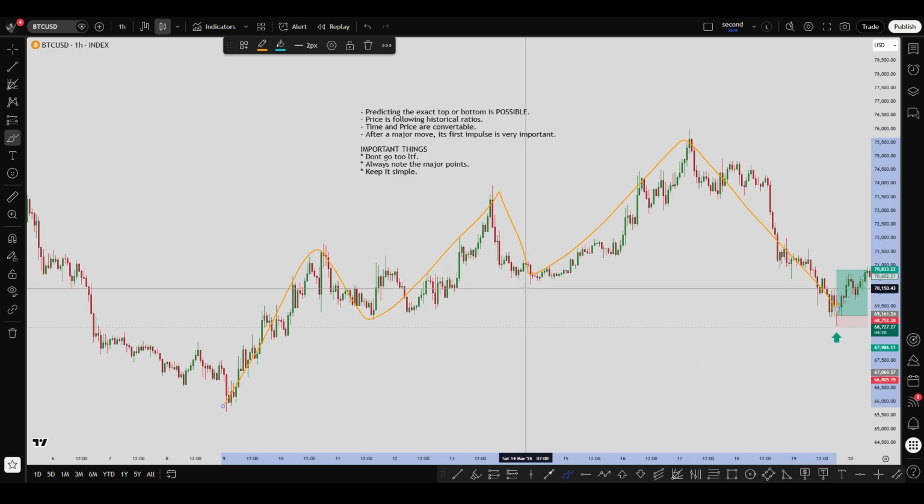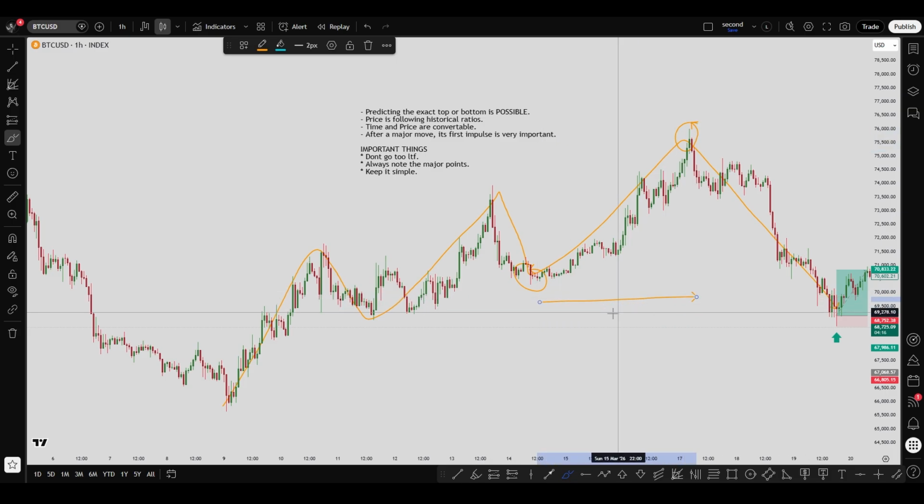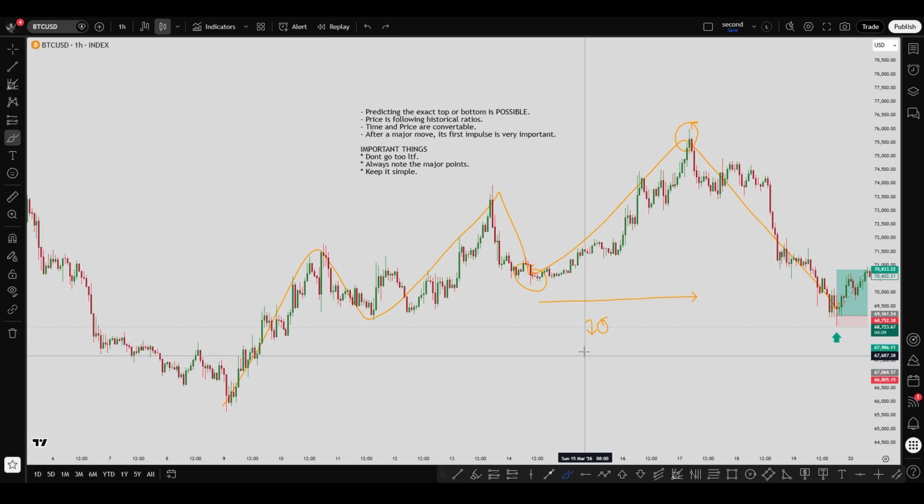So for example, if the distance between these two is a number, for example, a 10, all right, I don't like the writing of this tool because it has an arrow in it. Anyways, if the distance between the low and the high is 10, you will see this number in the price distances or in the bar distances of the future price.